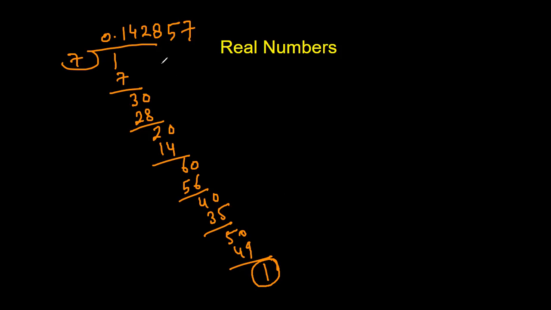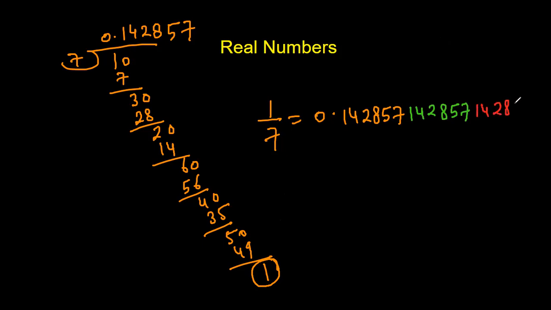And because this is repeating again and again, the number that we'll get is 1 by 7 can be written as 0.142857. Now 1 has repeated, 142857. Again this will repeat, 142857.